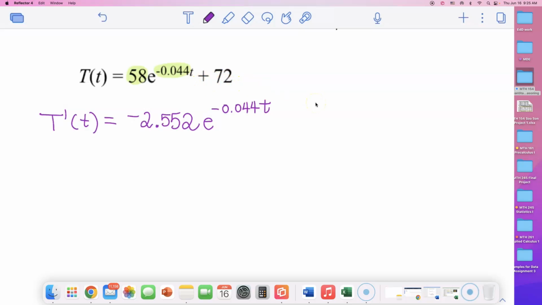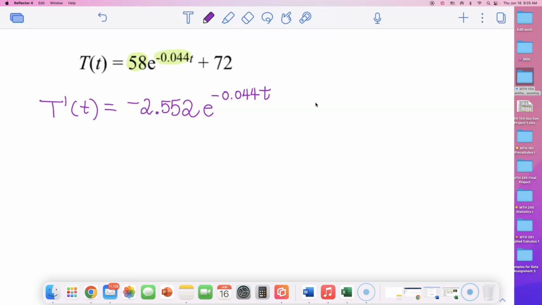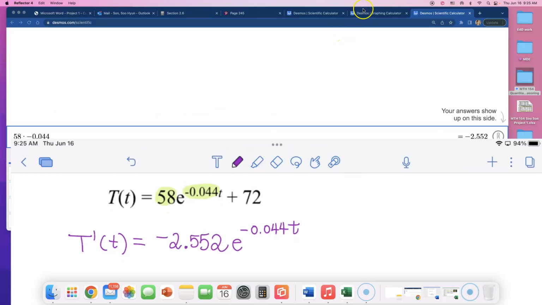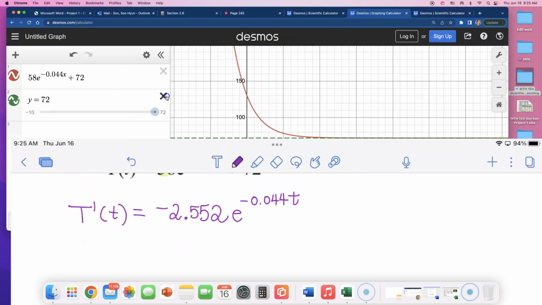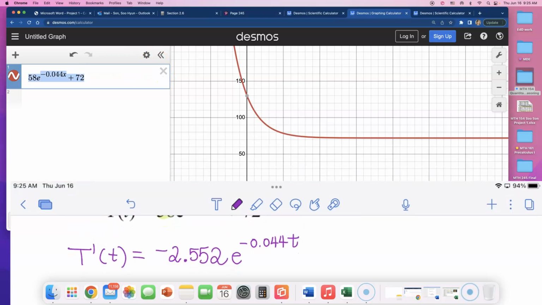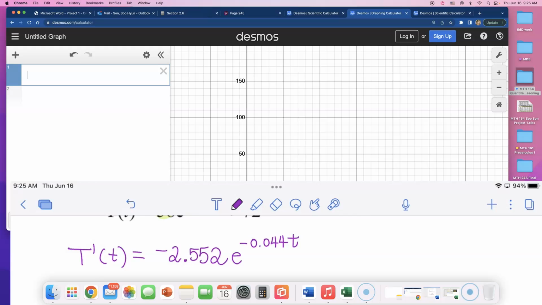So we have a new exponential function. Let's see the graph of this real quick, just to get an idea of what it's doing as t gets really, really big. If I graph this derivative function, y equals negative 2.552 e raised to the negative 0.044x, look at the graph.